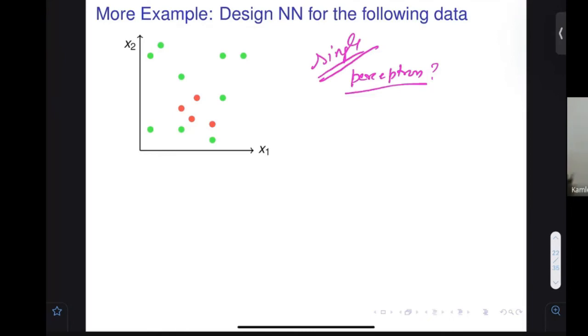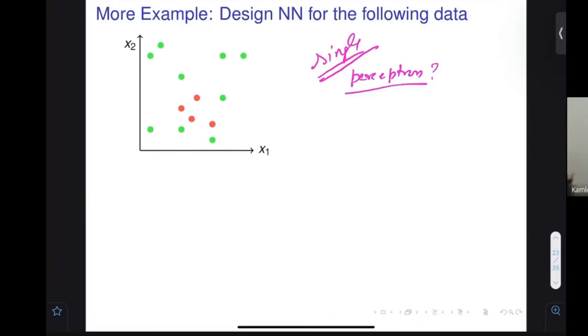I want to use one perceptron for solving this. The answer is no, because one perceptron is going to represent a line. If this is the line, these points are bad. If this is the line, again these points are bad. Again, this point is also bad. You cannot draw a single line. However, you can draw multiple lines.